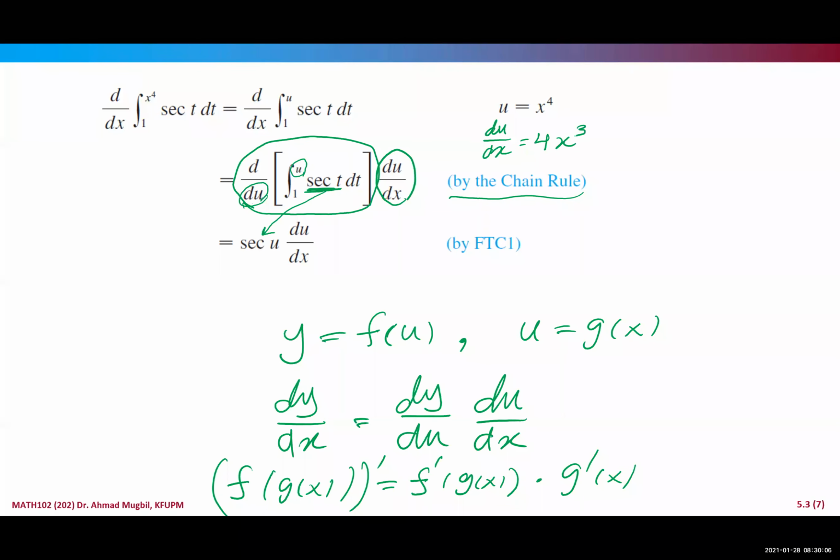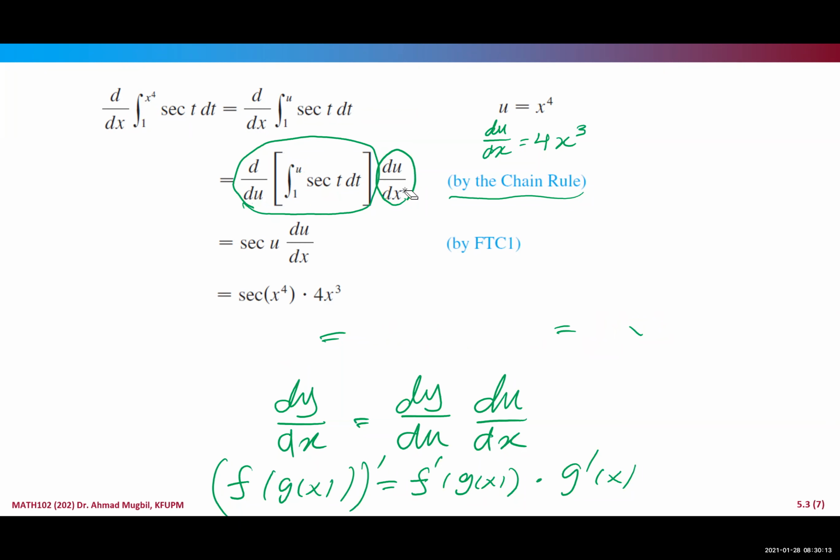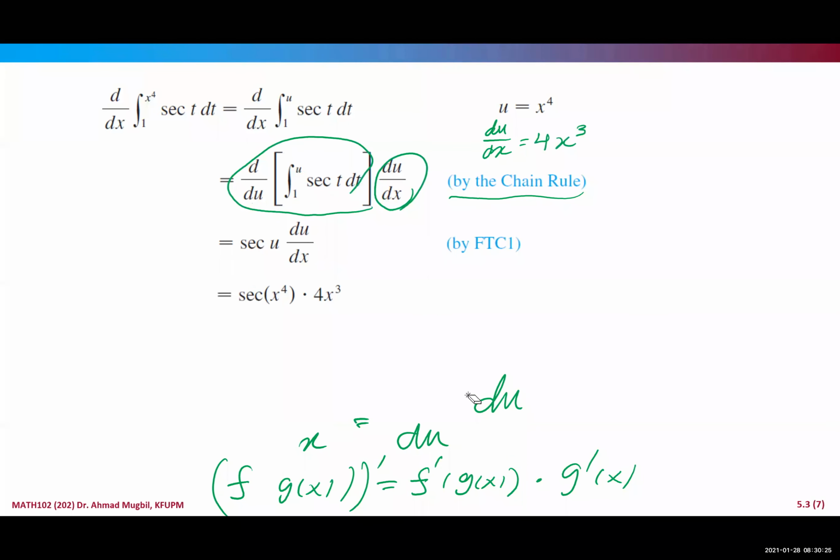Do you still remember how to differentiate? Here it is. So here we applied the chain rule, and here the usual derivative, and in this part we applied the fundamental theorem of calculus.